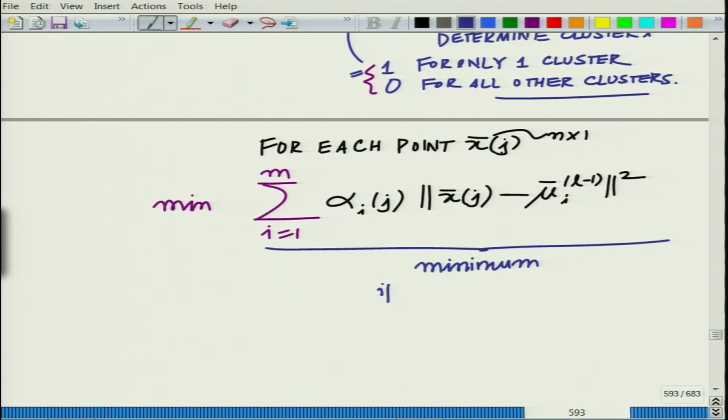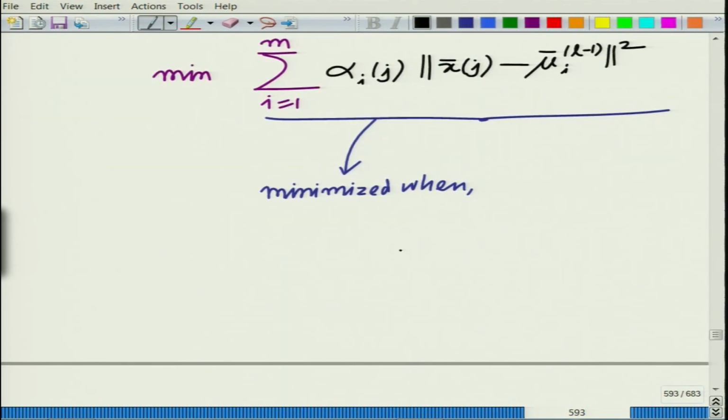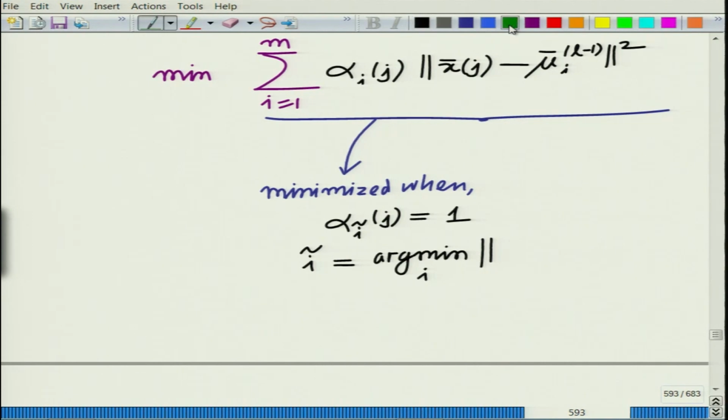this is minimized when, again let me write it technically, this is minimized when we assign alpha I tilde j equal to 1 such that I tilde equals the minimum of x bar j minus mu bar I L minus 1 square.